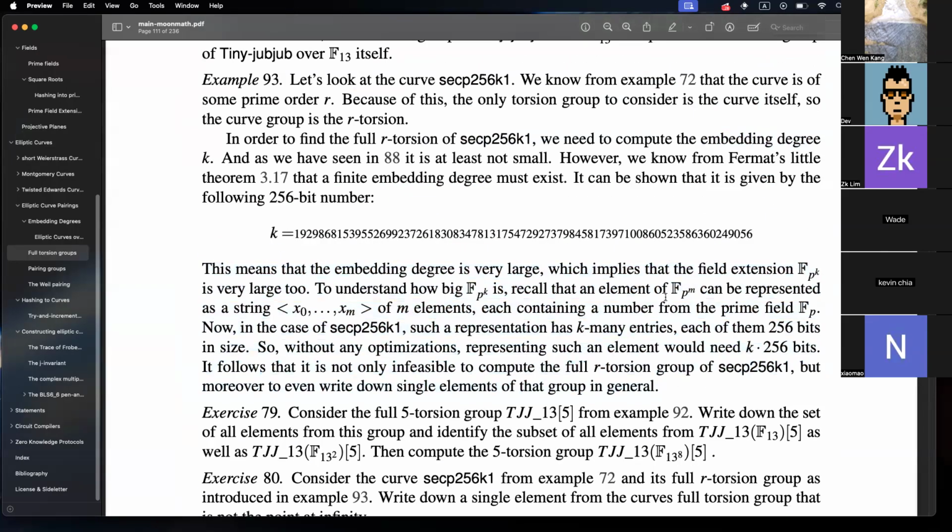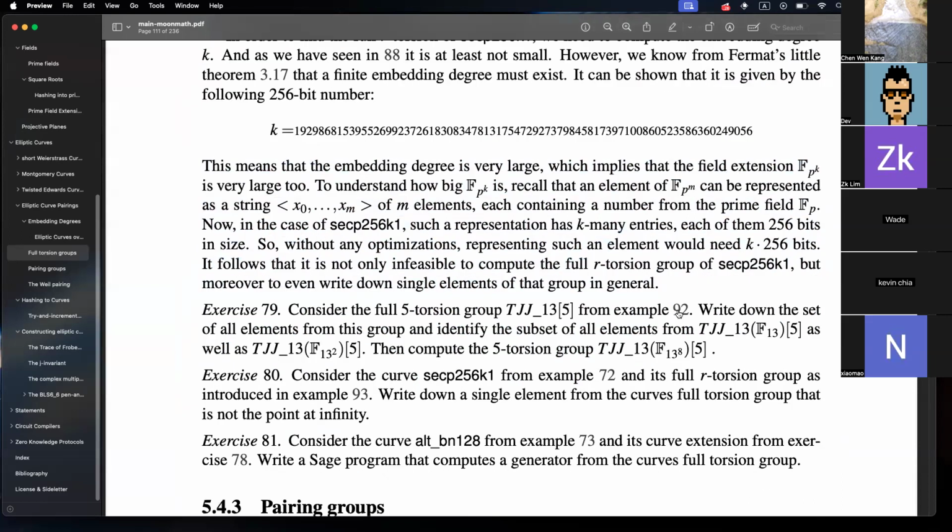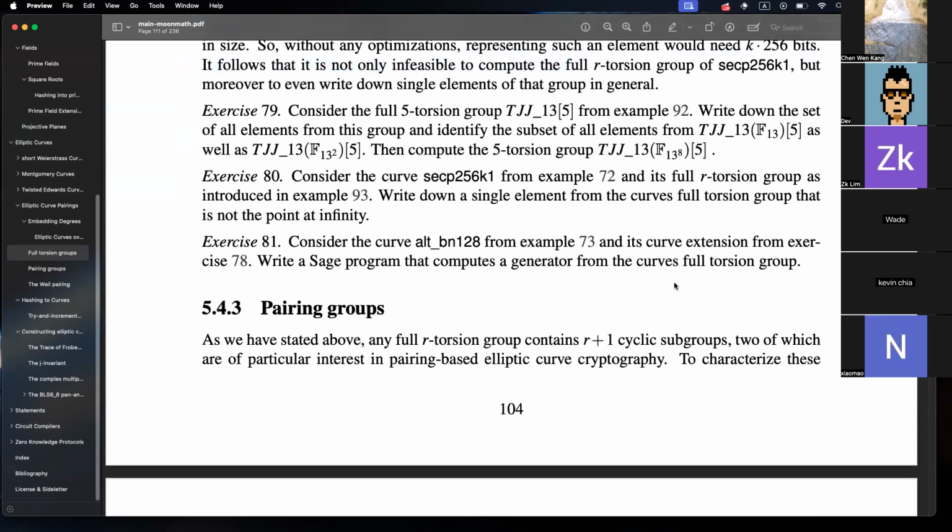That's why pairings usually use curves with small embedding degrees, because it allows us to calculate more efficiently. A very large embedding degree implies the field extension is very large. Such a representation has k-many entries, each of them 256 bits. Without any optimization, representing such an element needs k times 256 bits, which is insane. So it is not only infeasible to calculate, but also to write down the single elements of the group.